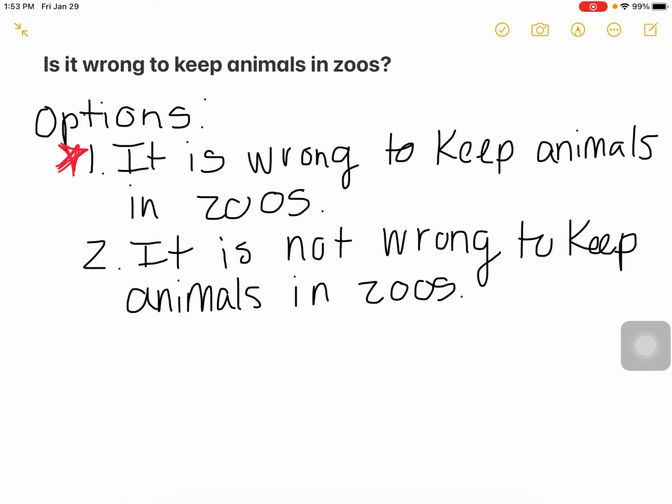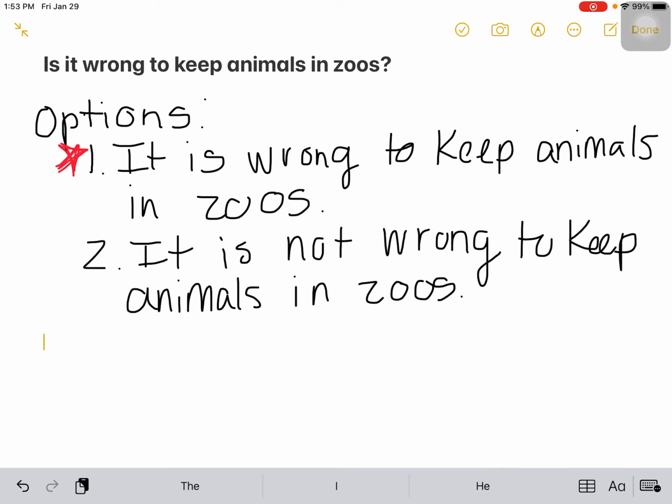Now, when we talk about thesis statements, a thesis statement explains the topic and the claims in brief.